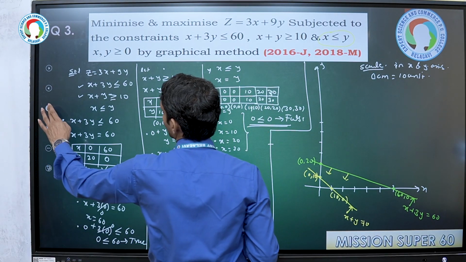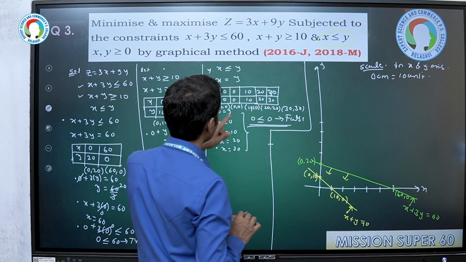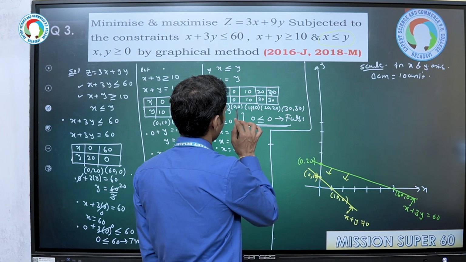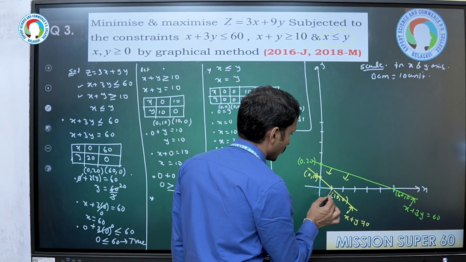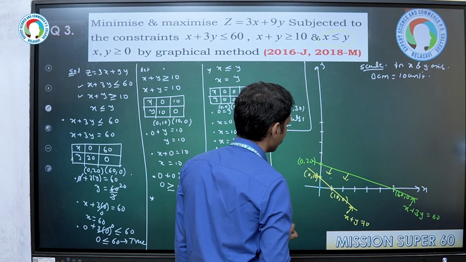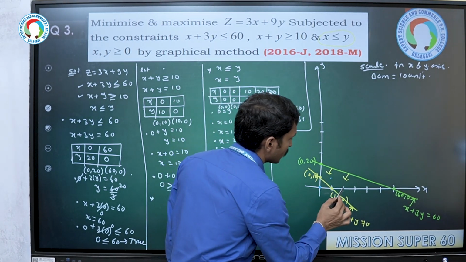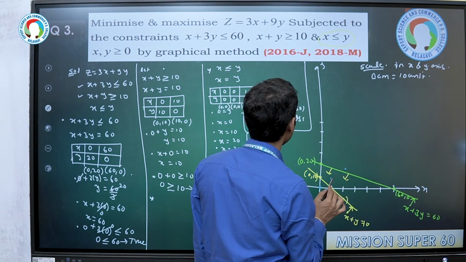And there is another line. What is that line? Here 0 comma 0, 10 comma 10, 20 comma 20, and 30 comma 30.